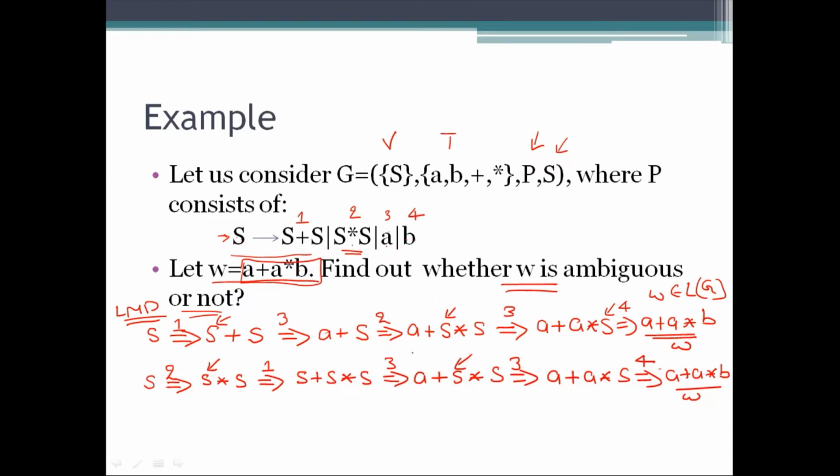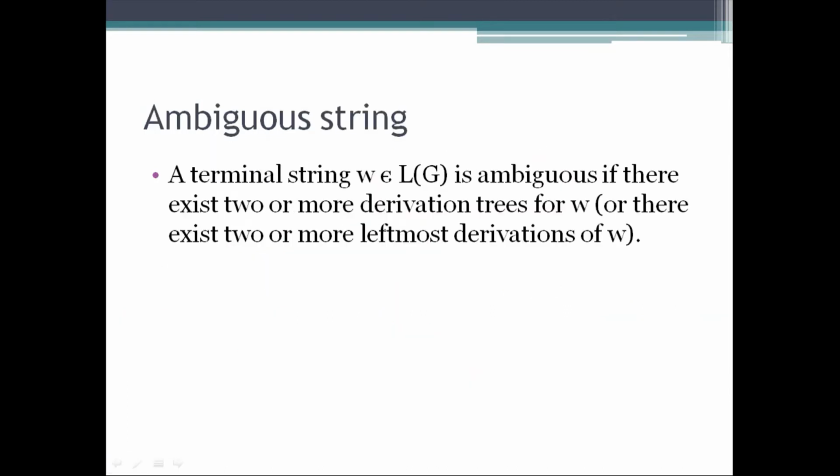Again W has been derived from the starting symbol. So we have two leftmost derivations for the same string, and as we have already seen, a terminal string W belonging to L(G) is ambiguous if there exist two or more leftmost derivations.